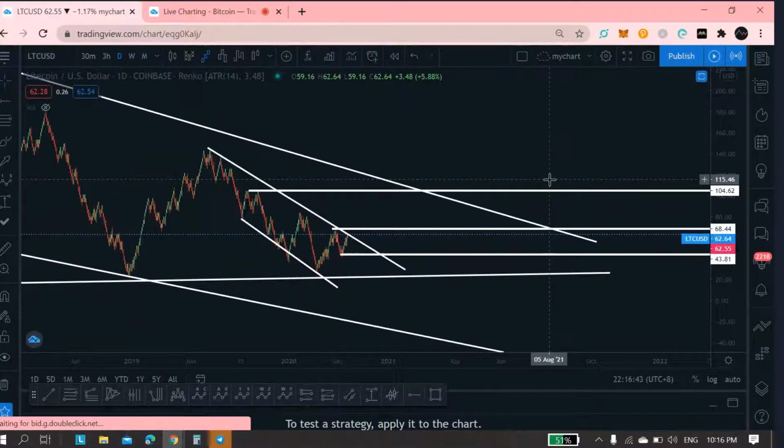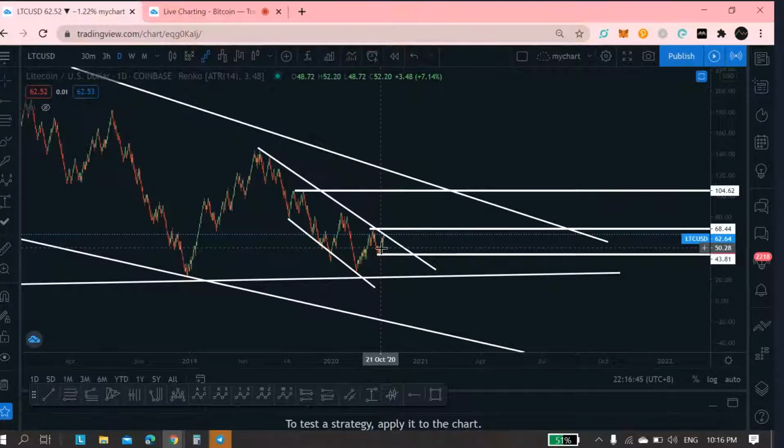Anyway, I think I bought Litecoin at a lower price, or rather I opened a futures position at a low price. So after it breaks this 66 area, I could possibly go another long.